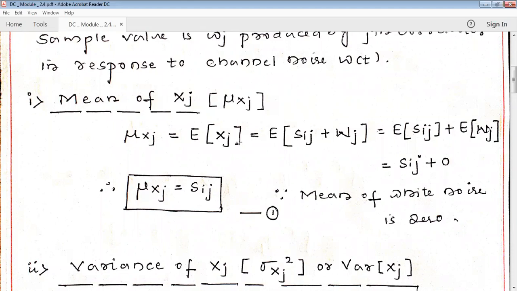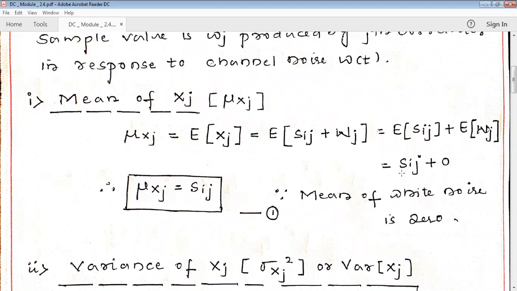And we know that the received signal x of t in its vector form is given by sij plus wj. So it is the expectation of sij plus wj, where sij is the vector representation of the transmitted signal s of t and wj is the vector representation of the random noise, that is w of t.